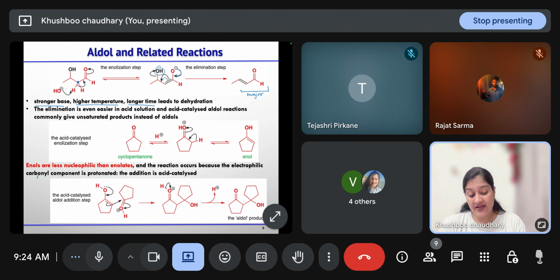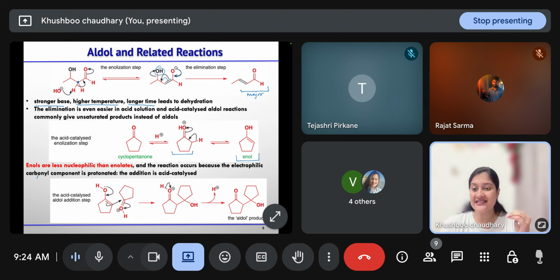Then if we want a dehydration product, it is easier to do this reaction in acid solution than in the base catalyzed reaction. Why? Because in acid catalyzed reaction, what will happen? Your acid will protonate the carbonyl oxygen, and then enol will generate.